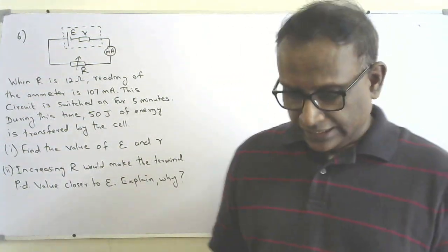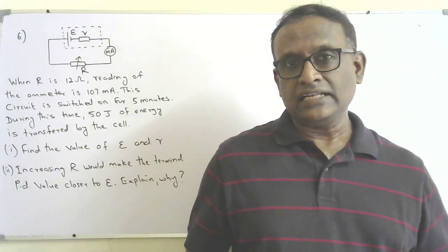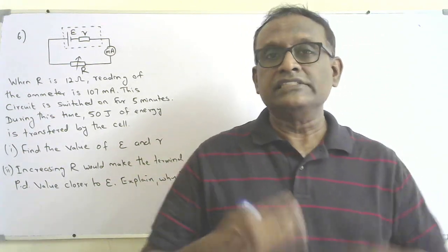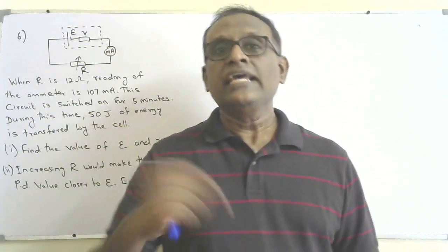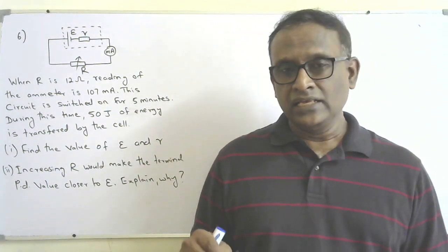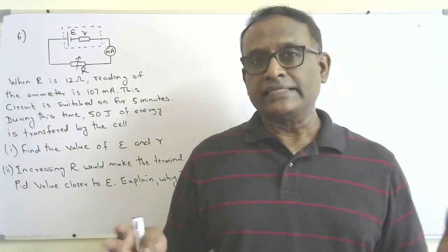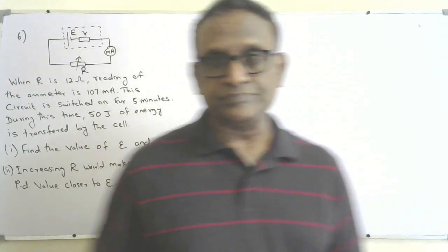Okay, you know that the power transferred or generated by the cell is equal to EMF times I. If you multiply the power by the time, you will get the energy.